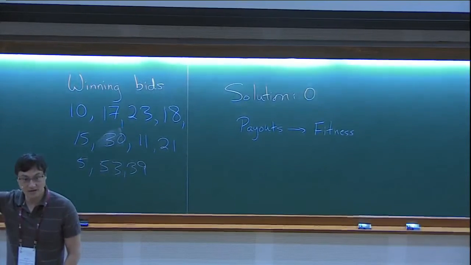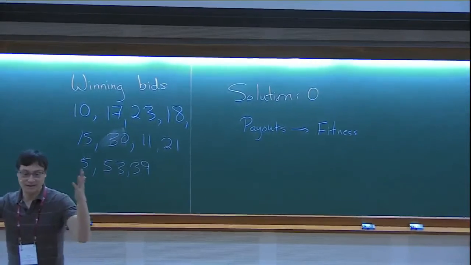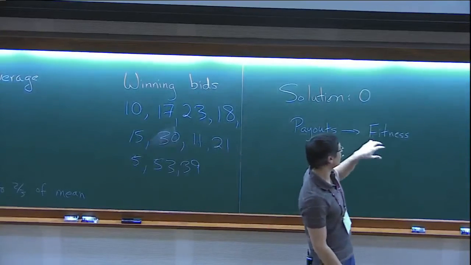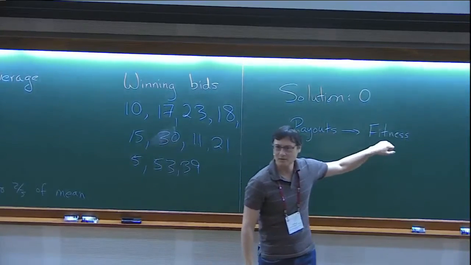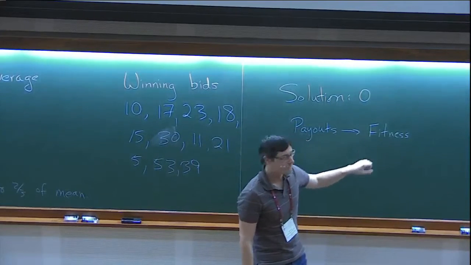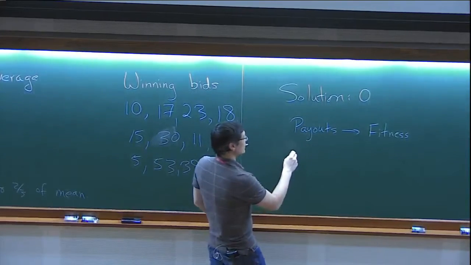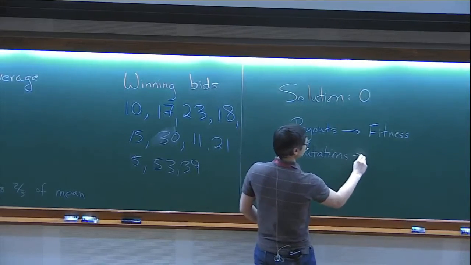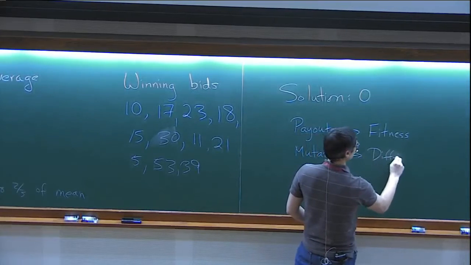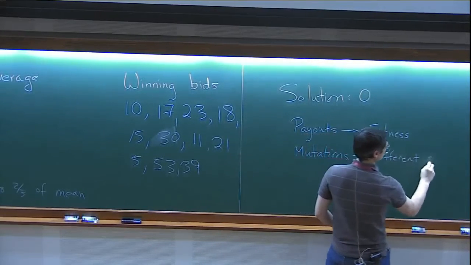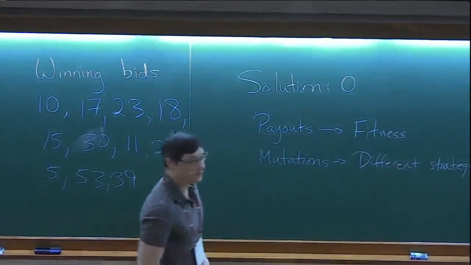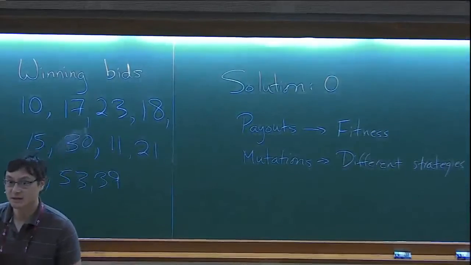So everyone that raised their hands, everyone was impressed with them, right, and then that could translate into an increase in marriageability or something. Okay, all right. So the idea is that you replace the payouts from the game with some sort of reproductive fitness. Then you also have mutations that will sample different strategies. And then what you have is differences in fitness leading to evolution towards the solution of the game.